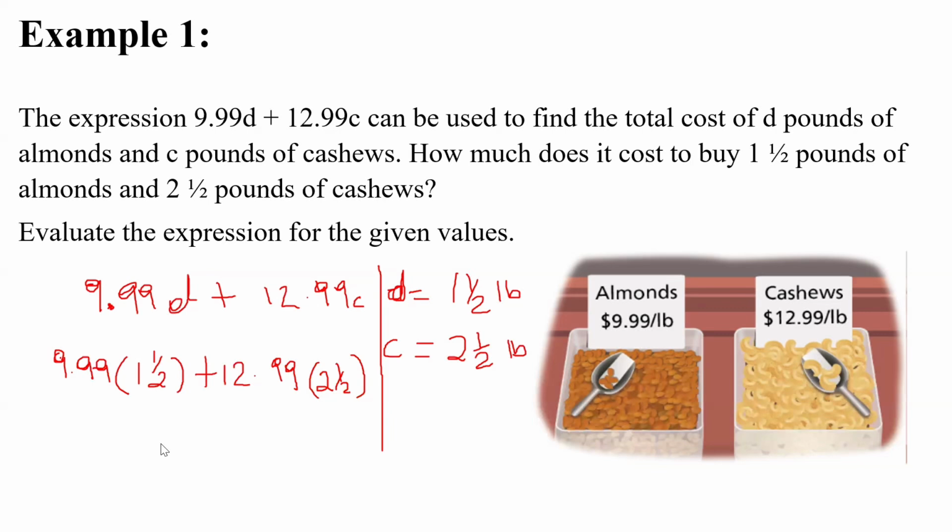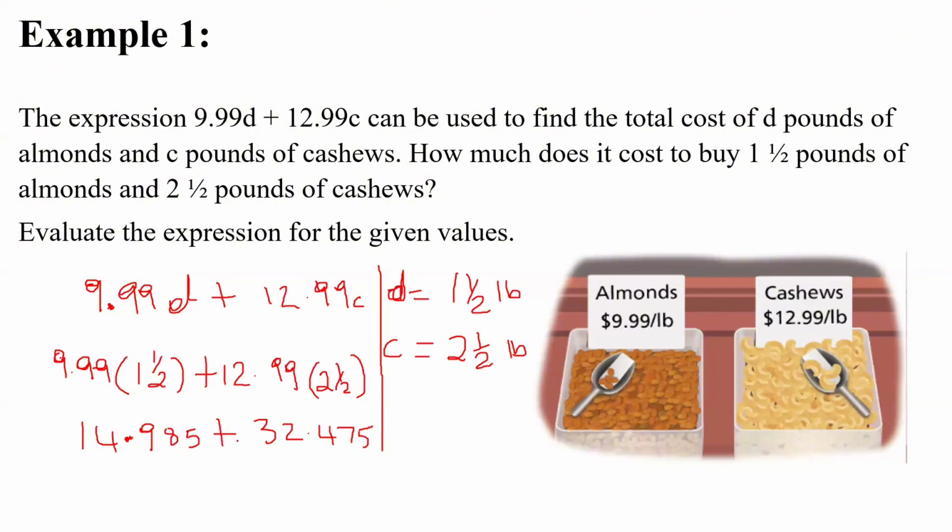And that is going to be 14.985 plus, we're going to multiply now 12.99 times 2 and 1/2. And that gives us 32.475.